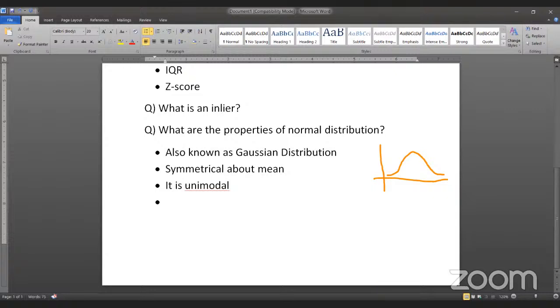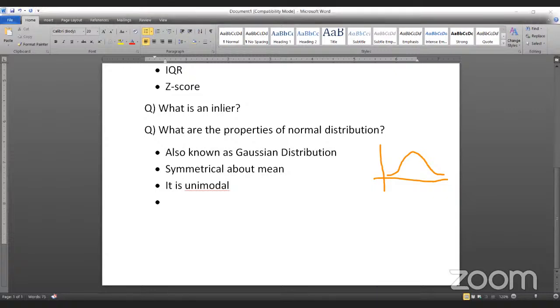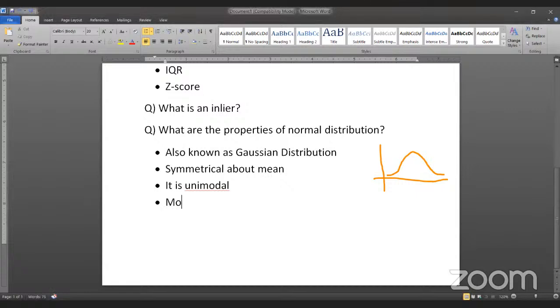Most of the data lies at the center or mean.